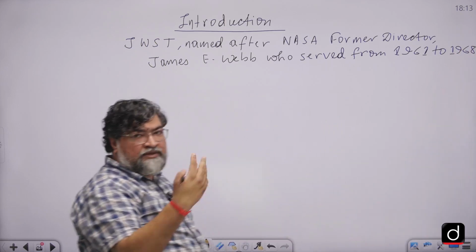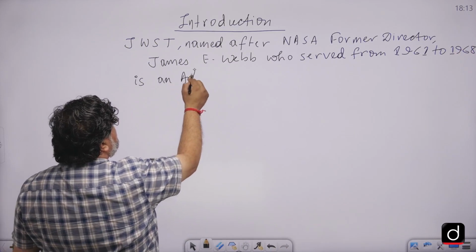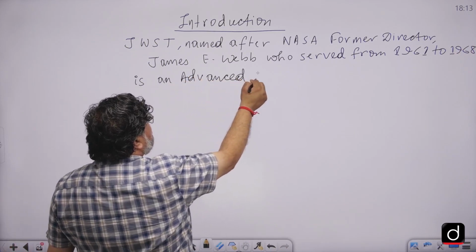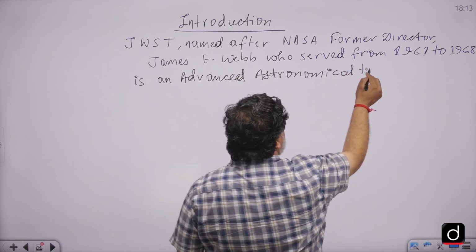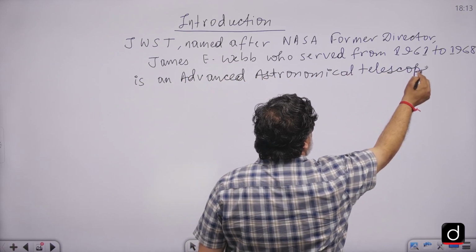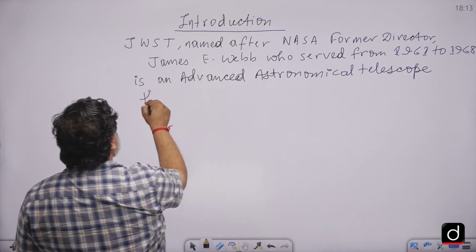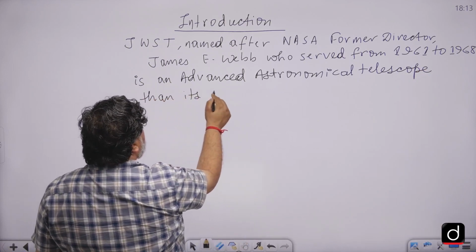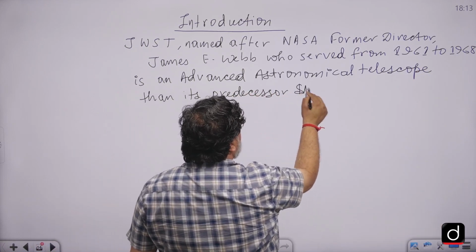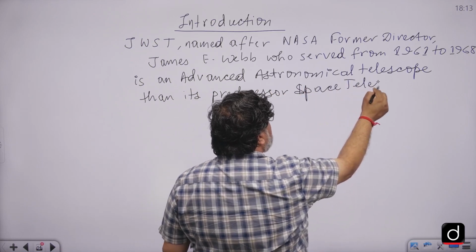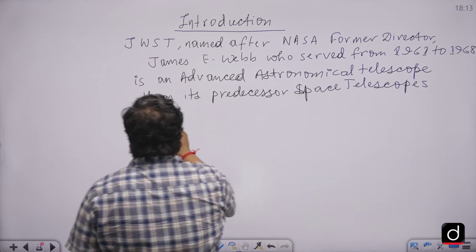In one sentence, you can write that it is an advanced astronomical telescope. Then its predecessors. When you are writing about space telescopes, you can give the examples of the predecessor space telescopes, Hubble and Spitzer.